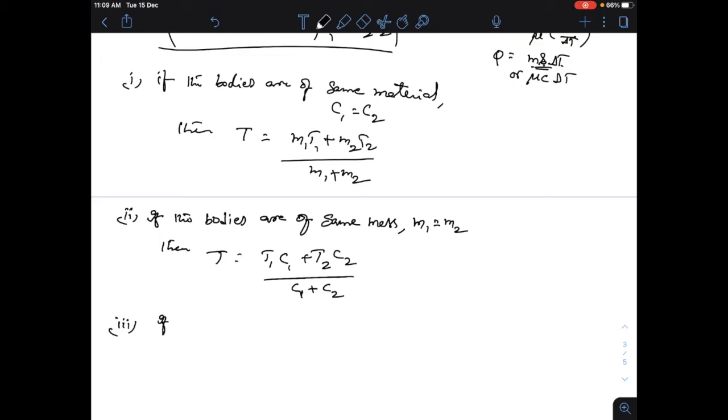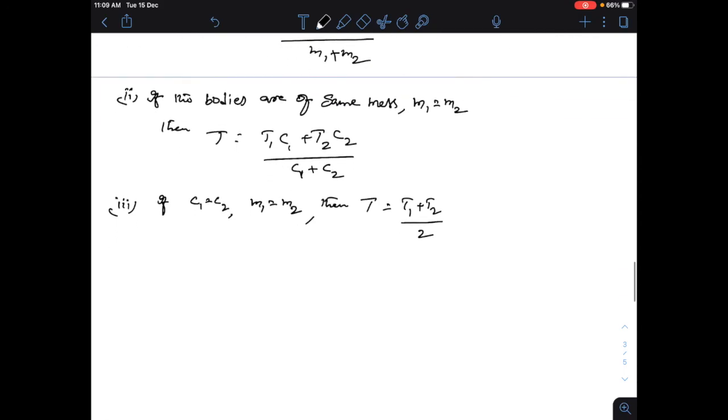If C1 is equal to C2 and m1 is equal to m2, combining both conditions, T is equal to T1 plus T2 by 2. That will be the average of the two temperatures, the thermal equilibrium temperature.